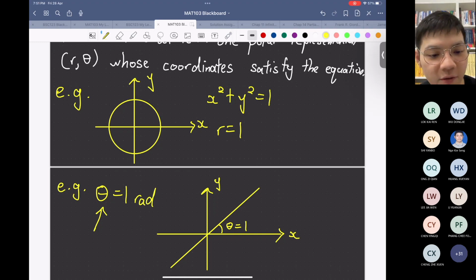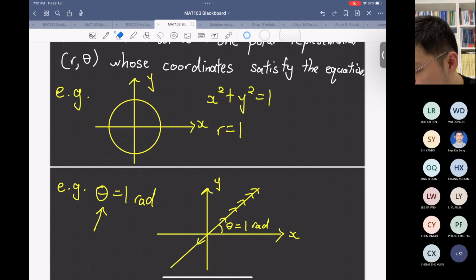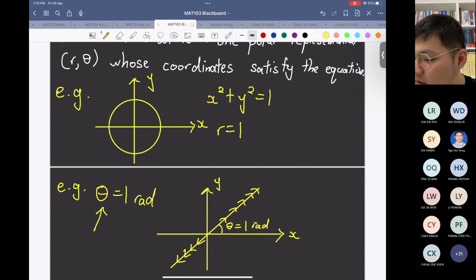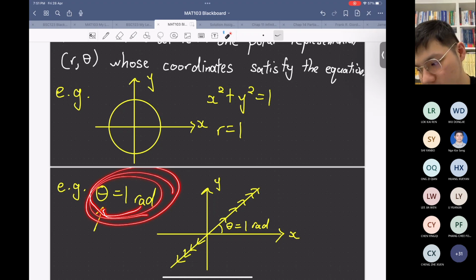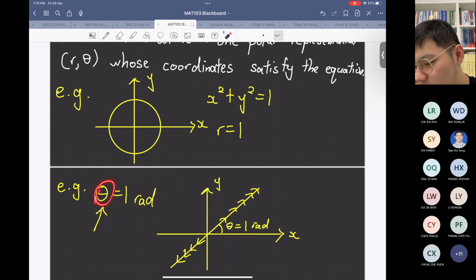We prefer radian over degree. So all the points here are at an angle of 1 radian to the positive axis, no matter what radius, because I don't give a condition on the radius. So the radius can be anything, but the angle must be theta equals 1.